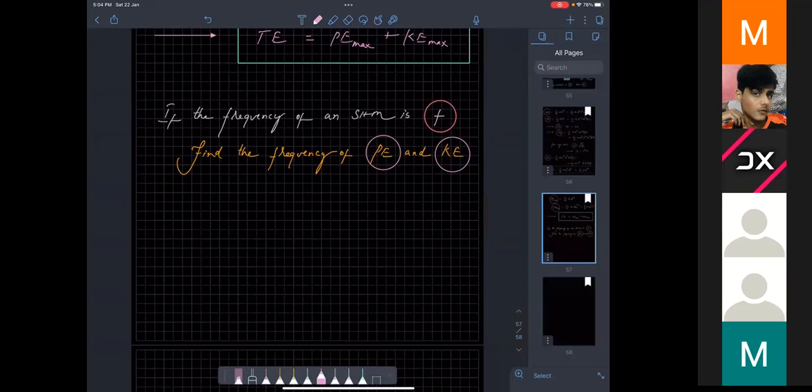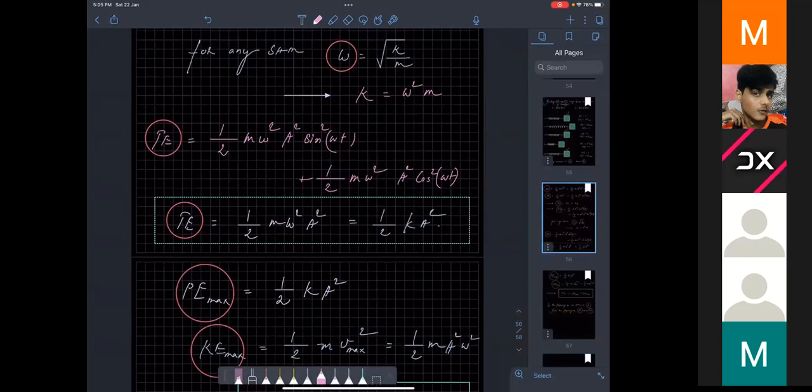Okay, tell me. Can you see that potential energy is something like sin square theta, and kinetic energy is something like cos square theta?